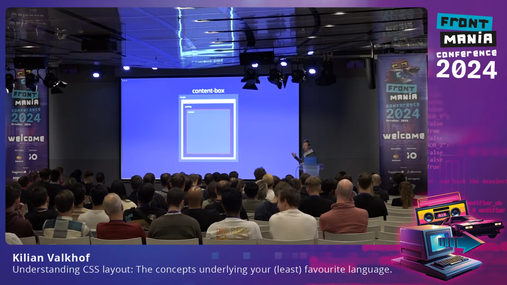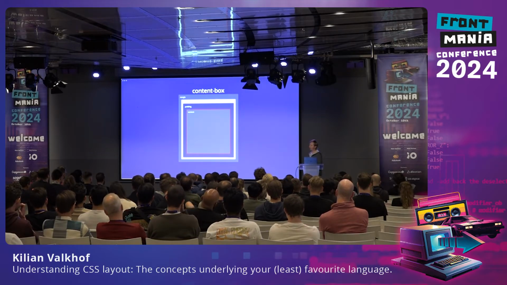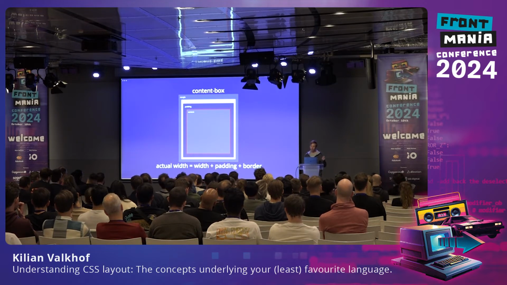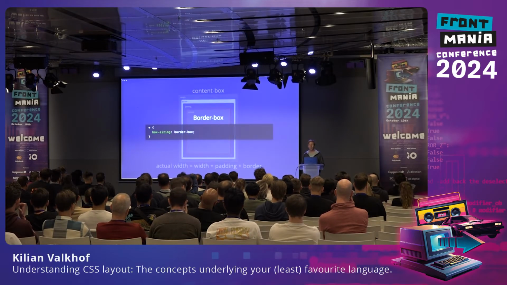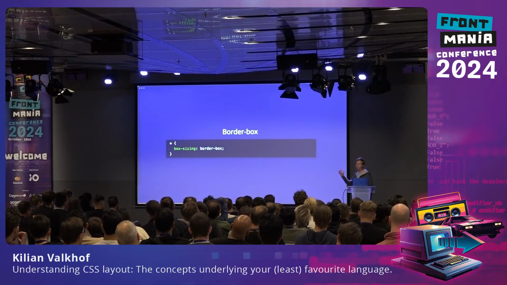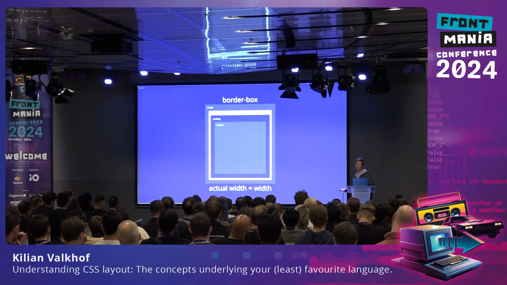So the default, content box: if you set a width in CSS, that width is applied to the content. And padding and borders are added to it. So the actual width of your element will be width plus the padding plus the border. This is why most CSS resets have something like this in them, where we just tell the browser, make everything border box, because the math there is I set the width and that's the width.